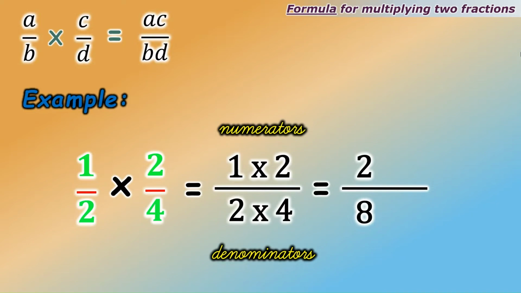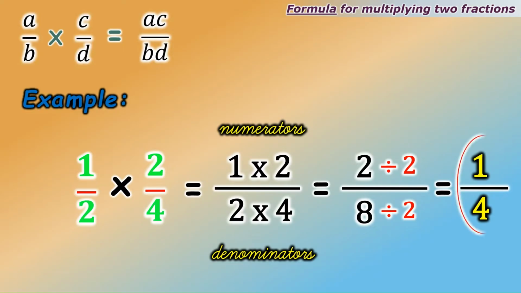Third, simplify the fractions. Get the greatest common factor of both numerator and denominator. Our GCF is 2. So, we divide both numerator and denominator by 2. 2 divided by 2 is equal to 1. 8 divided by 2 is equal to 4. Therefore, the final answer is 1/4.